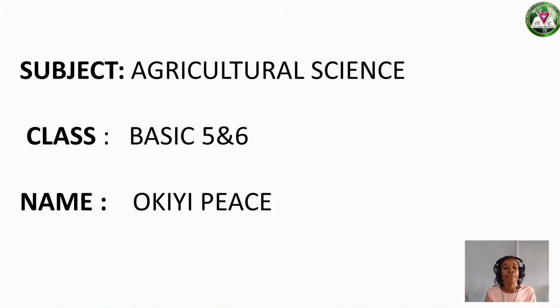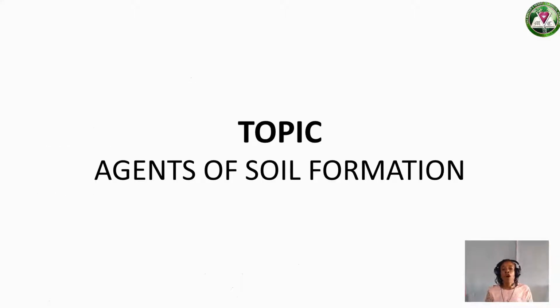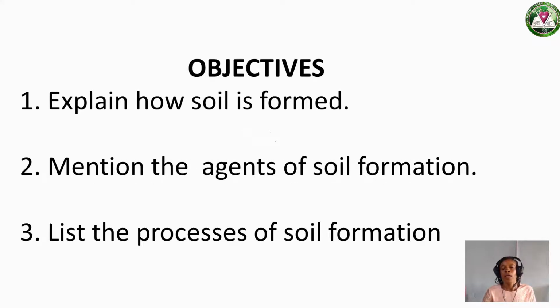So our topic right now is agents of soil formation. What did I say is our topic? Our topic is agents of soil formation. The objectives to be achieved at the end of this lesson are: number 1, you'll be able to explain how soil is formed.